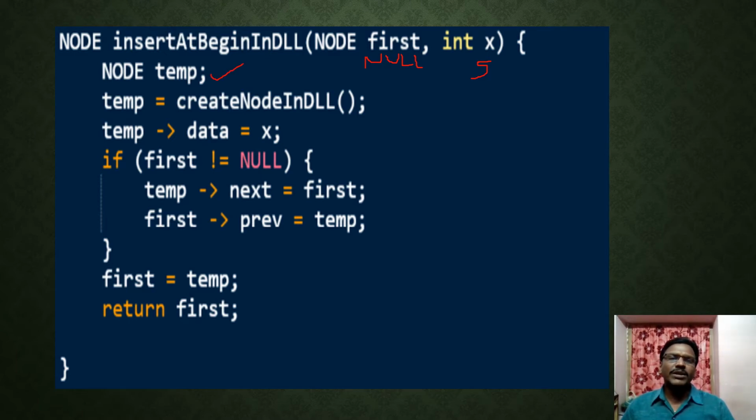Now temp equal to create node in doubly. After this statement executes, it allocates memory to temp and by default stores null values in previous and next also.